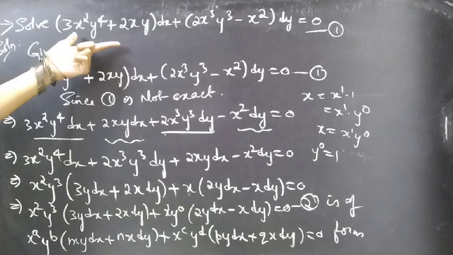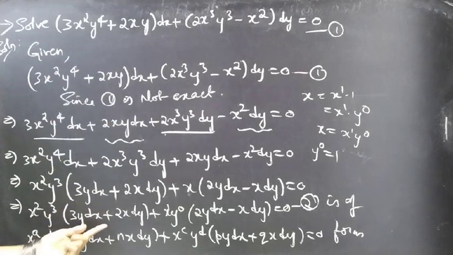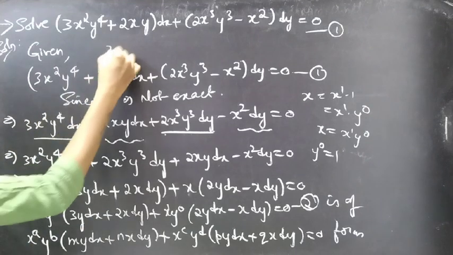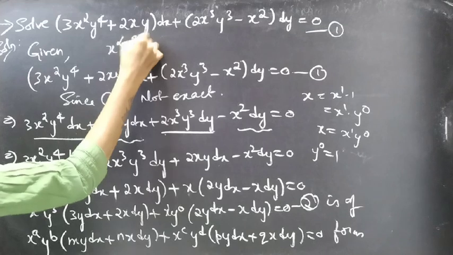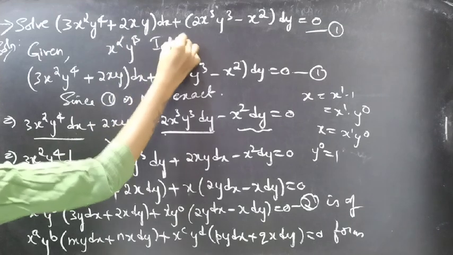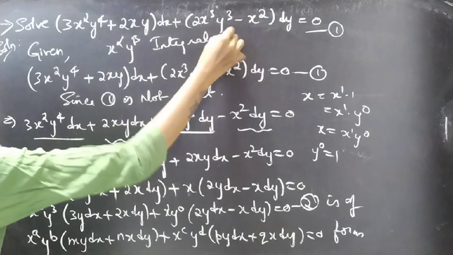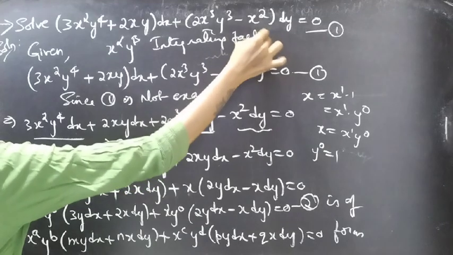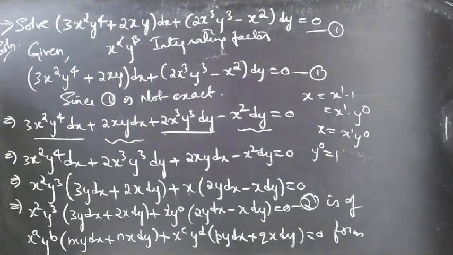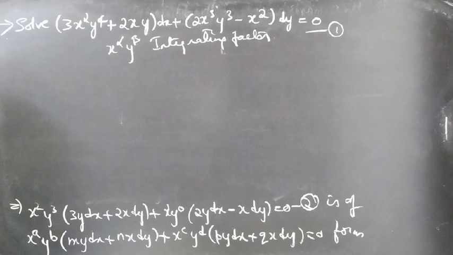Since the given differential equation can be written of this form, here xᵅyᵝ will be the integrating factor, and here we need to find alpha and beta.